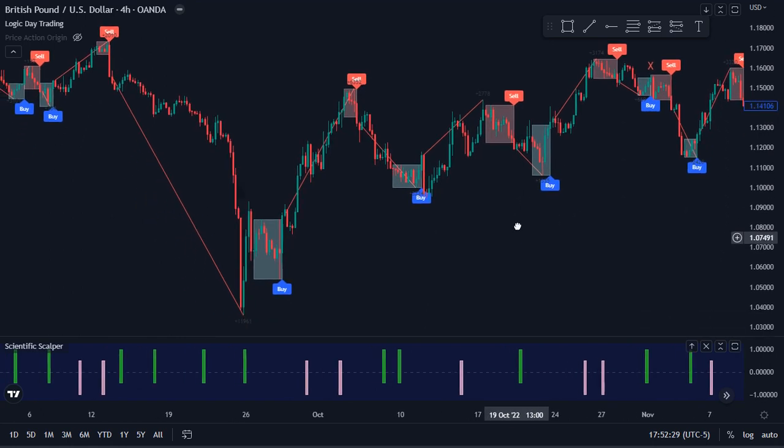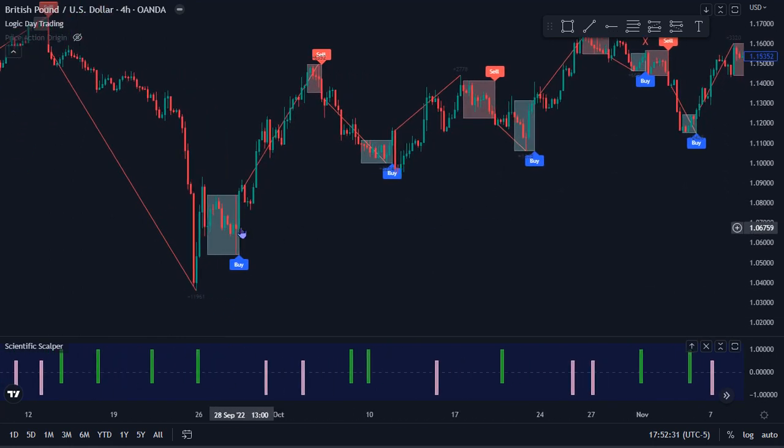However, the buy zone is only going to form after this shows, right? So even if this green bar was inside of these candles, the logic day trade buy zone forms after this candle close. But that's all right because we're waiting on the retracement back into the zone before we buy.